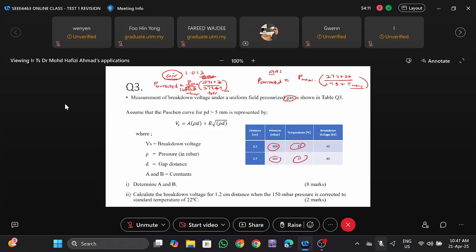So for the gas, you don't need to divide by the pressure, 1013 or 1.013 or 760.